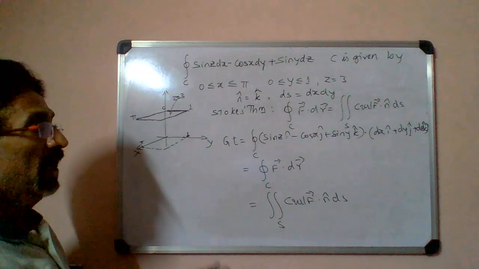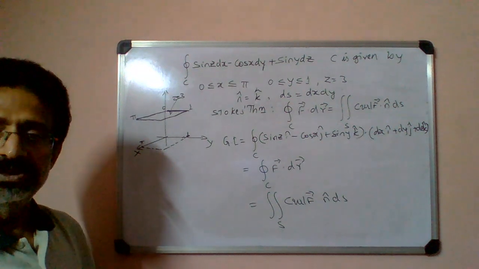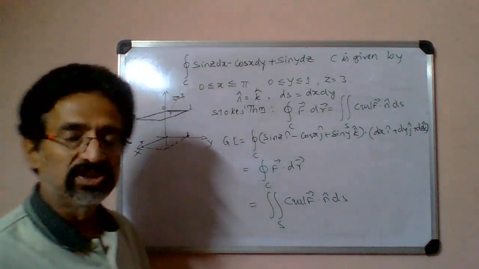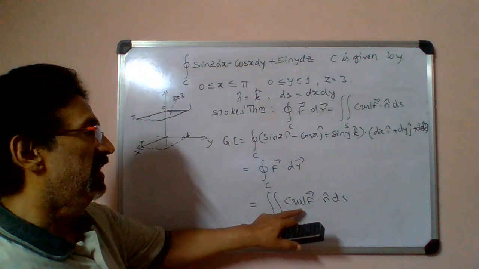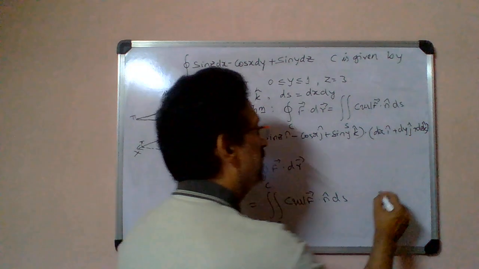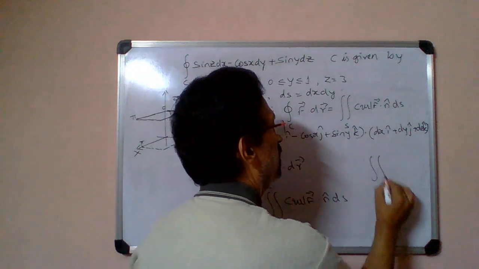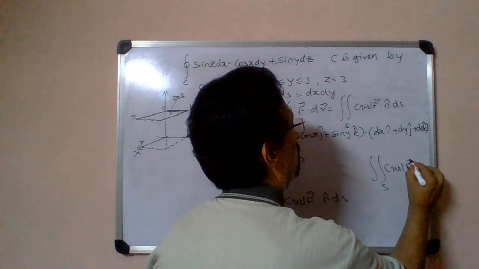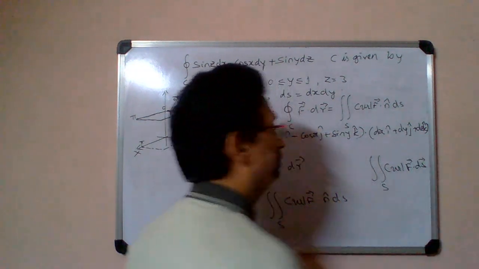Right. So in some of the problems you might find, in some of the books, instead of writing curl f dot n cap, they can write this as double integral over S, curl f bar dot ds bar.